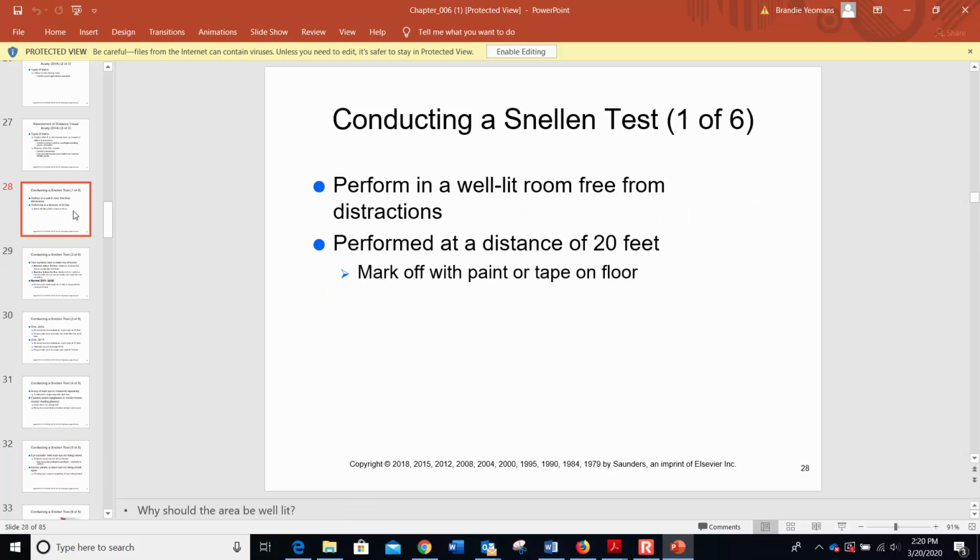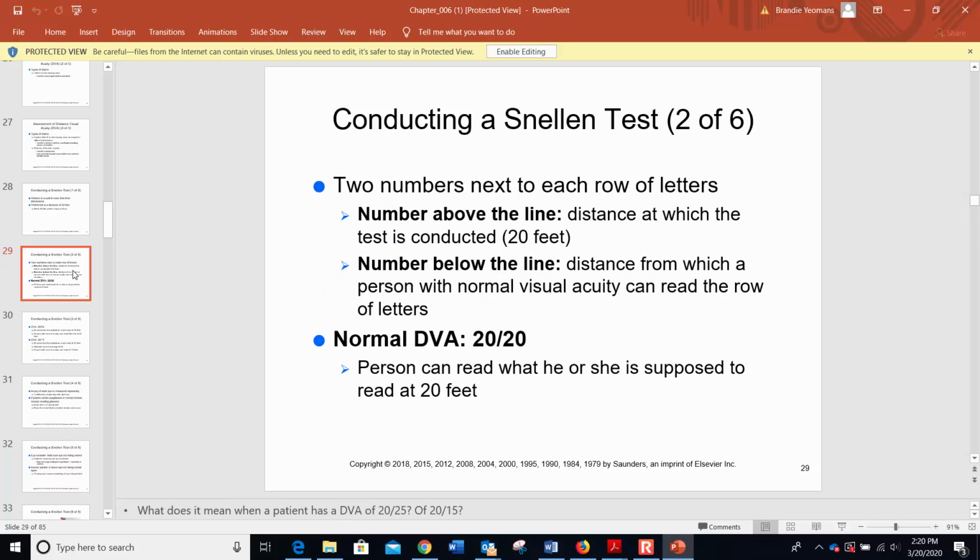Now, going back and thinking about what it means to see a visual acuity written down, you are going to write the results in the form of a fraction, and basically the top number is always going to be 20 if the patient is standing at 20 feet. Then depending on how far down the chart the patient can read, that number will change.